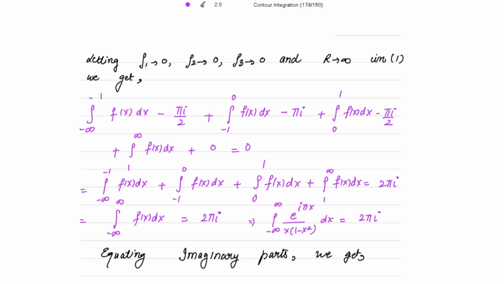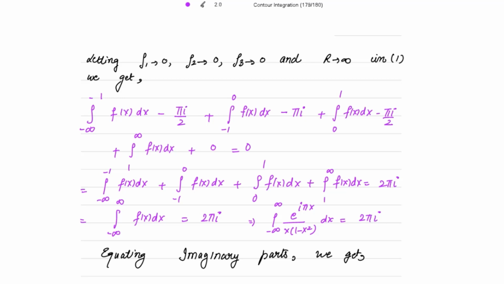Now I have to equate imaginary parts, because I need sine in the numerator. And e to the power iota pi x is cos of pi x plus iota times sine of pi x. I need sine in the numerator for the required result, so I will equate imaginary parts. Equating the imaginary parts, I get the integral from minus infinity to infinity of sine of pi x over x into 1 minus x square is equal to 2 pi.